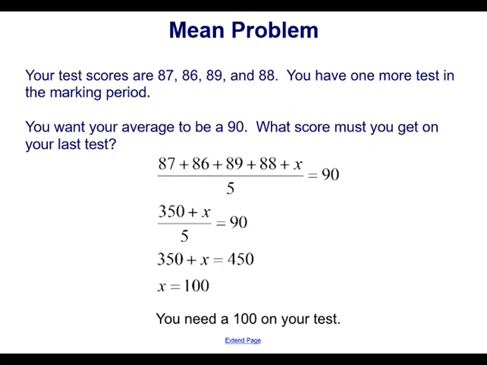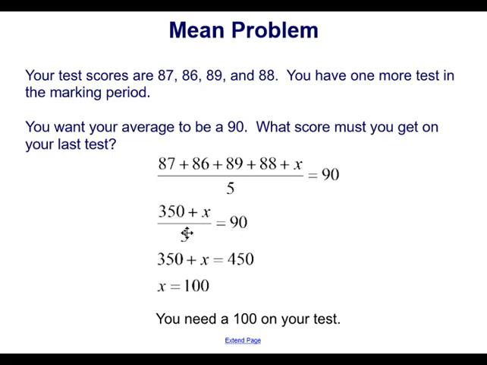So we can use the fact that we have test scores of 87, 86, 89, and 88, that sum plus this variable x. We can define x as that last test score. That sum divided by the 5 values should equal your average of 90. So then 87 plus 86 plus 89 plus 88 is 350.